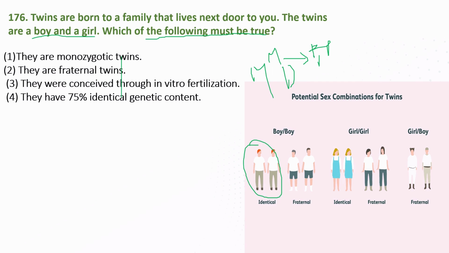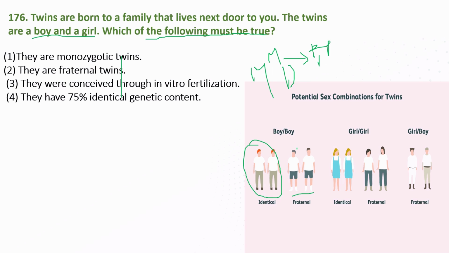Identical means they have maximum similarity, about 75 to 80% genetic identity. Whereas fraternal twins may be a boy and a girl, a girl and a girl, or a boy and a boy. Fraternal means they do not show maximum similarity; around 50% similarity is seen in these combinations.